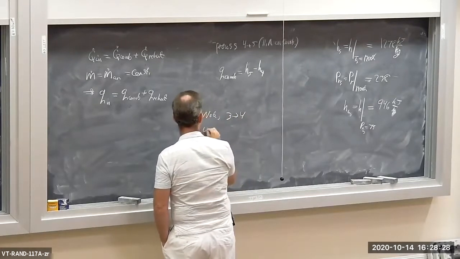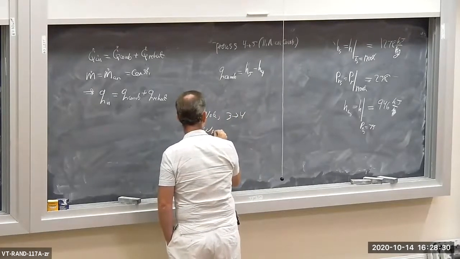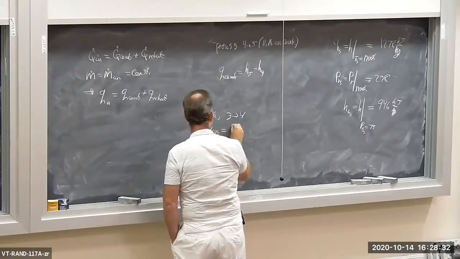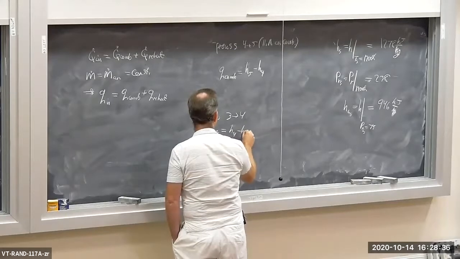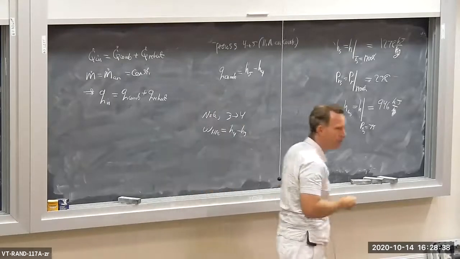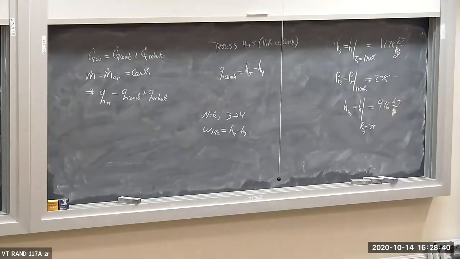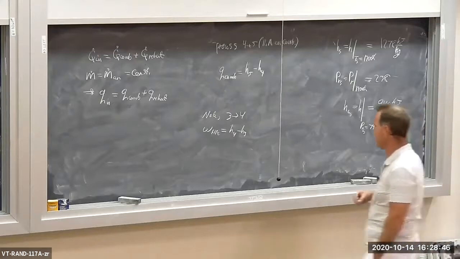We have W high pressure compressor is equal to H4 minus H3. And this is from the energy balance: no change in kinetic or potential energy, steady state, no heat interaction. Okay?